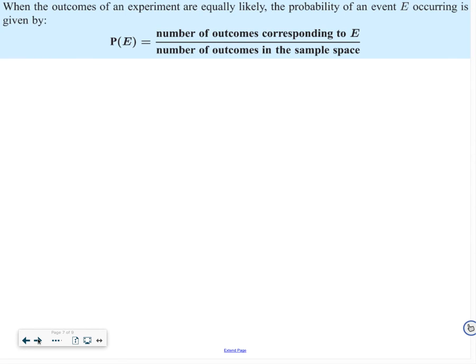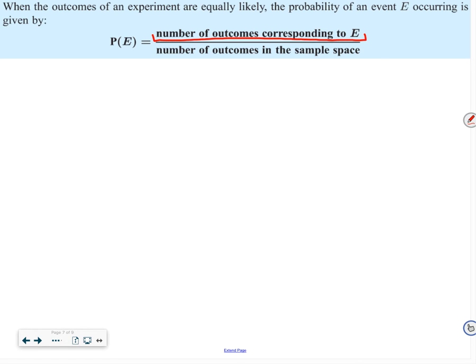When the outcomes of an experiment are equally likely, the probability of event E occurring is given by the number of outcomes corresponding to E, and the number of outcomes in the sample space. So a little different than our 1 over n idea, but sometimes the number that corresponds to your event can be more than 1.